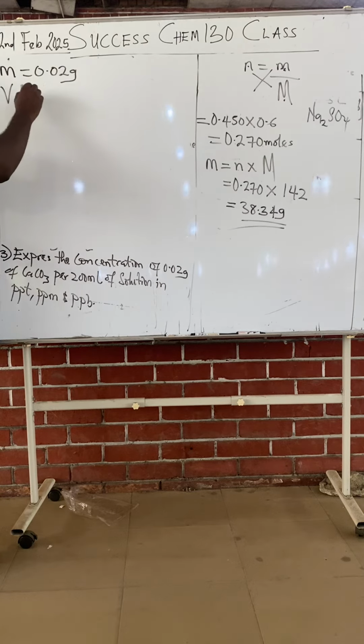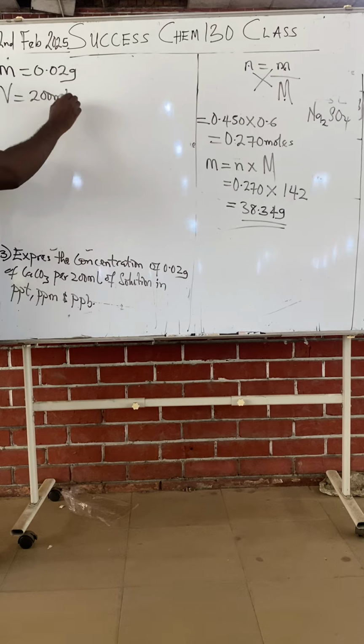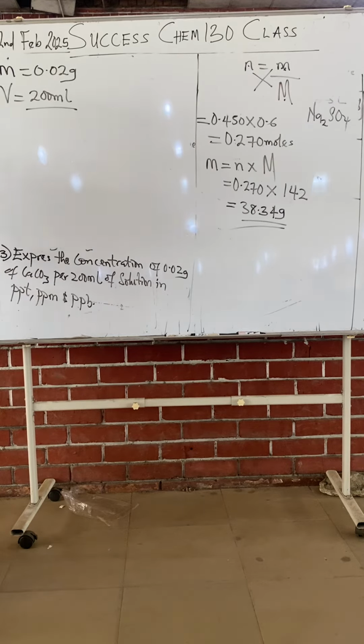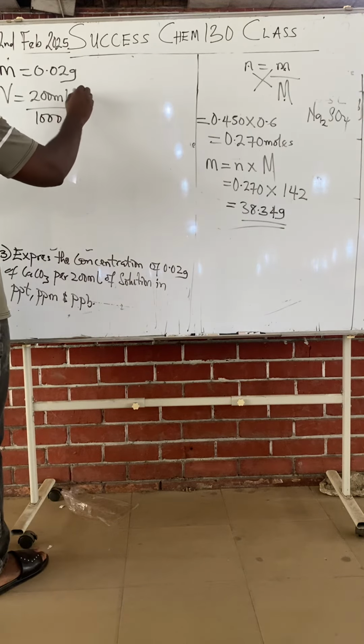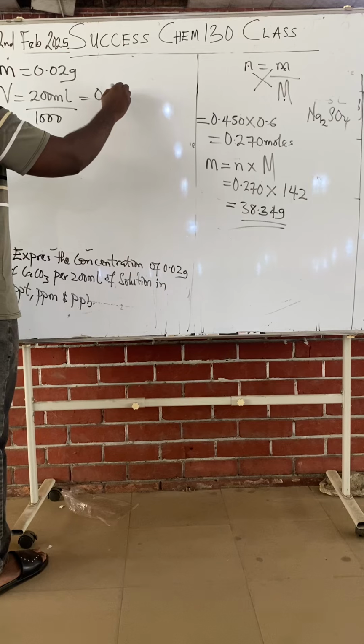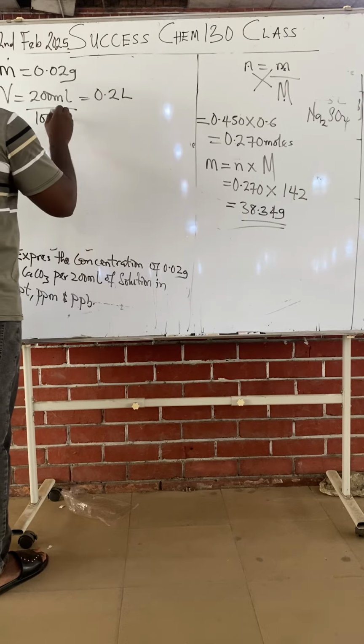Volume is 200 ml. Anytime you see 200 ml and you want to solve concentration, change to liters immediately. If you see 200 ml or cm cube, know that something is wrong somewhere. You see your volume in ml or cm cube, just know something is wrong. Change by dividing by 1,000 and you have 0.2 liter.